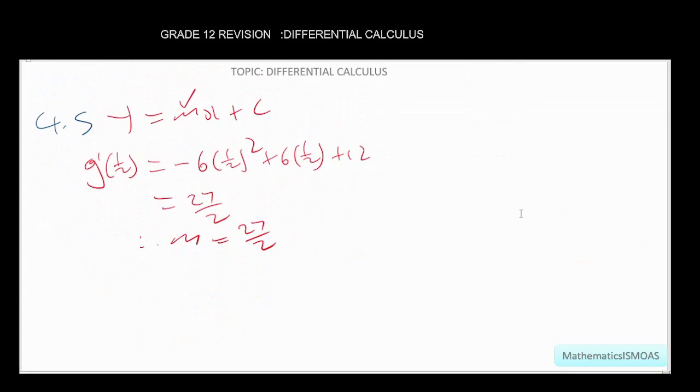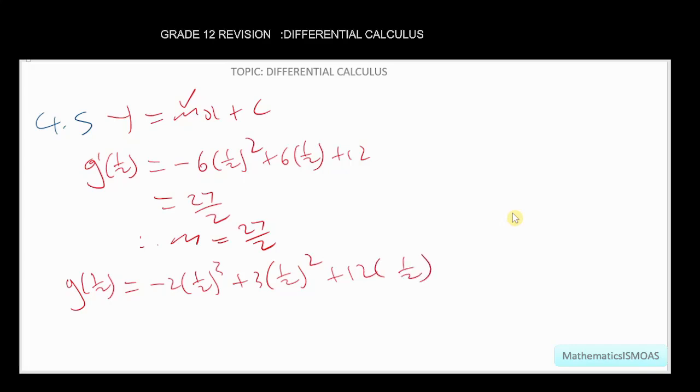Now what do we need? Now we need a point of contact. We need the y value when x equals half. Therefore, we substitute in y, which is g of x. Now we need g of 1 over 2. And then we substitute in the equation of g: minus 2 into 1 over 2 cubed plus 3 into 1 over 2 squared plus 12 into 1 over 2.